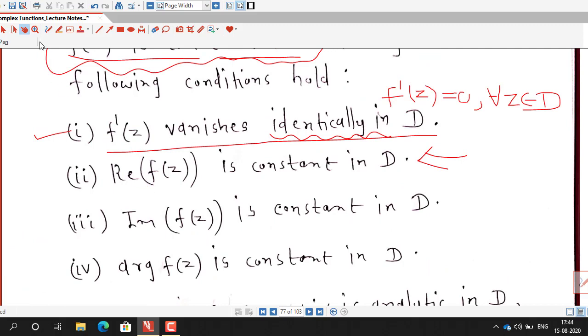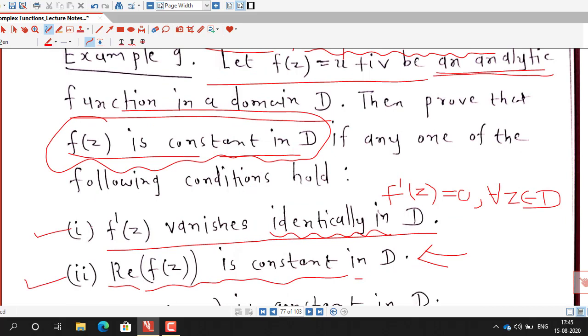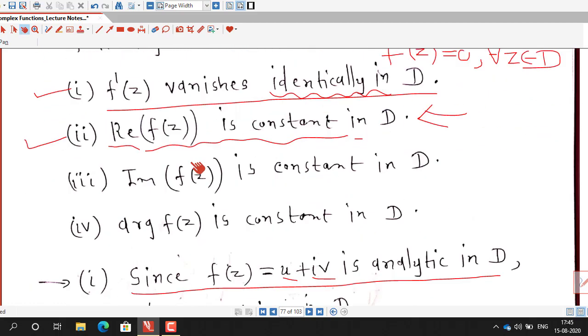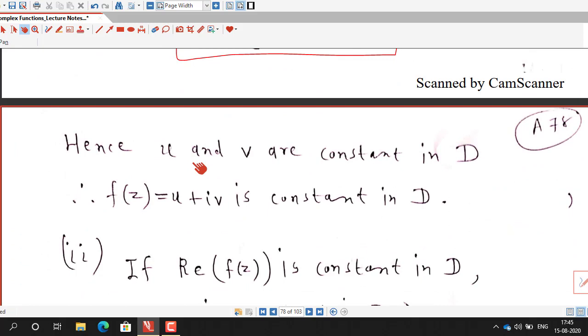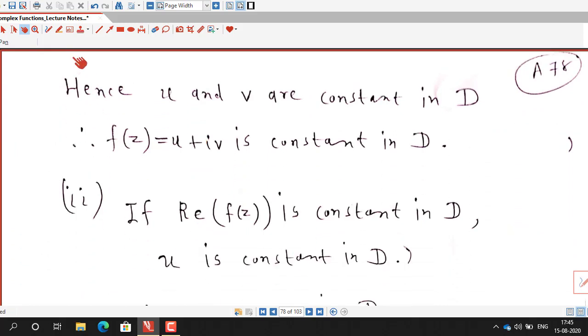Next condition is, now we assume that real part of f of z is constant in a domain D, and if f of z is analytic with this condition, then we show that f of z is constant in a domain D. So real part of f of z is constant, that means u is constant because f of z is u plus iv.